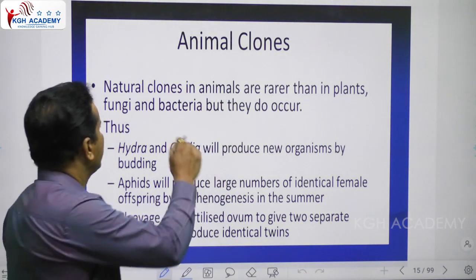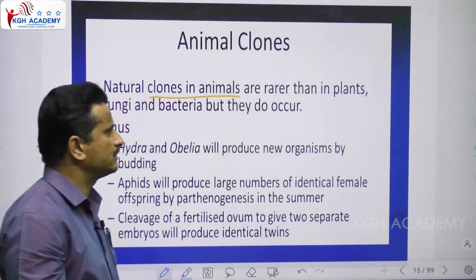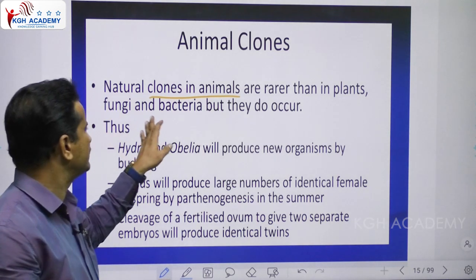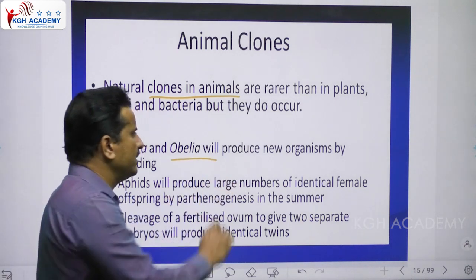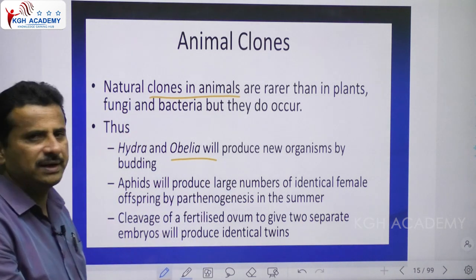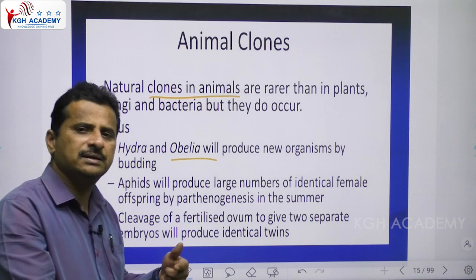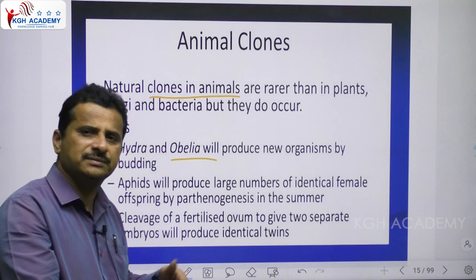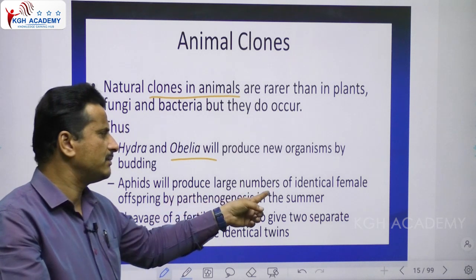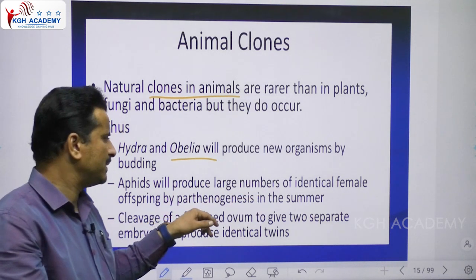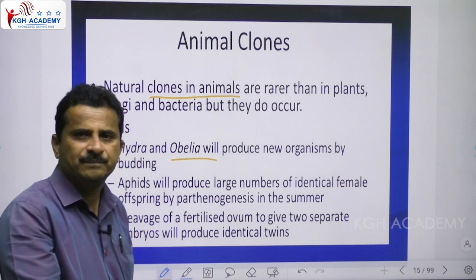So very clear. See, natural clones in animals are rarer than in plants, fungi, bacteria. For example, Hydra and Obelia produce new organisms by budding. Budding is producing the same type of organism. That's why it is indirectly one type of cloning. Aphids produce a large number of identical female offspring by parthenogenesis in summer.